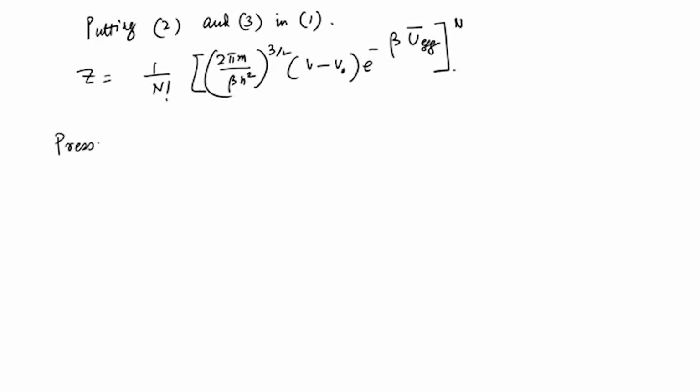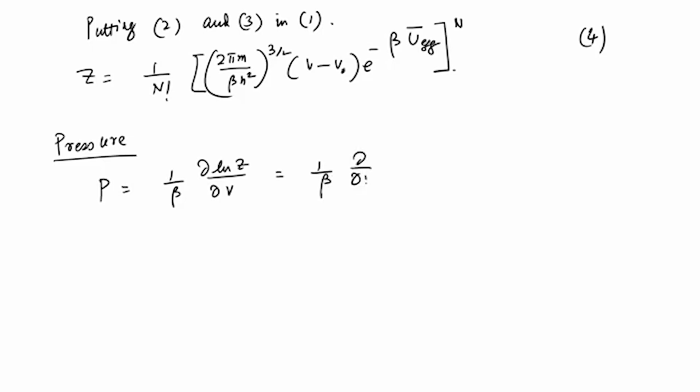Let us call this equation number 4, and pressure is obtained from the partition function by using 1 over beta del ln Z del V, which is nothing but minus del F del V. This is equal to 1 over beta del V of this quantity, which is N ln (V minus V0) minus N beta U effective average.